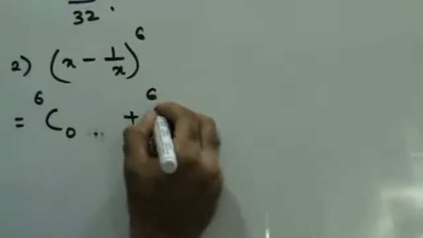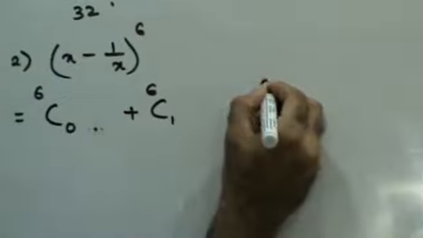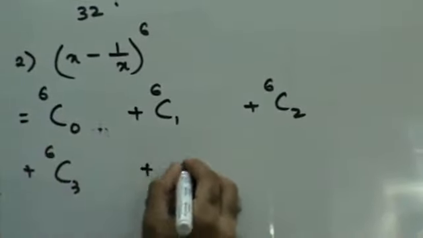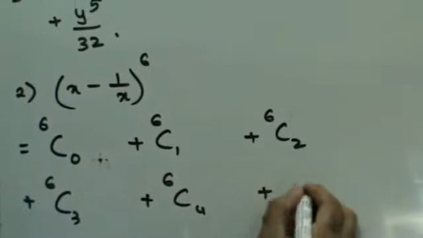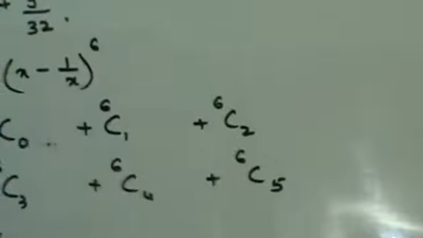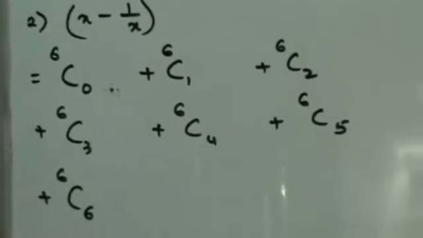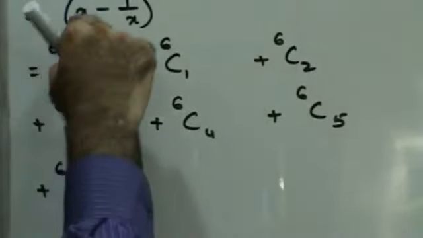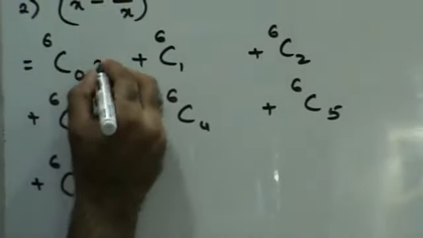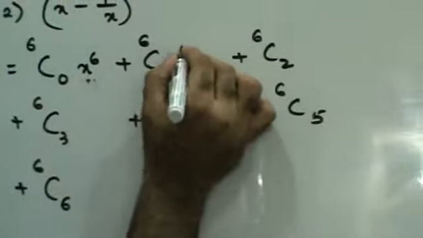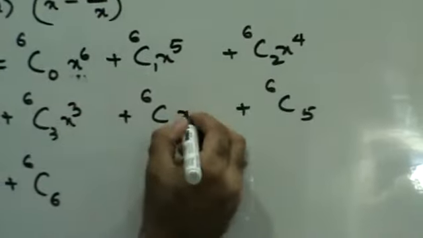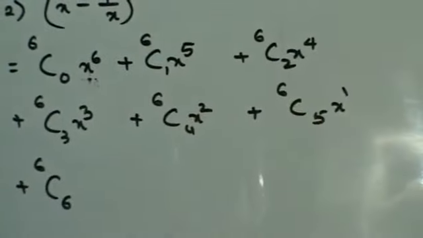So this will be C6 of 1 plus C6 of 2 plus C6 of 3 plus C6 of 4 plus C6 of 5 plus C6 of 6, right? Then the first term, you write with this index and go on reducing the index by 1. So x raised to 6, x raised to 5, 4, 3, 2, 1.